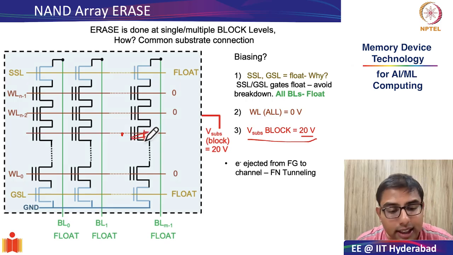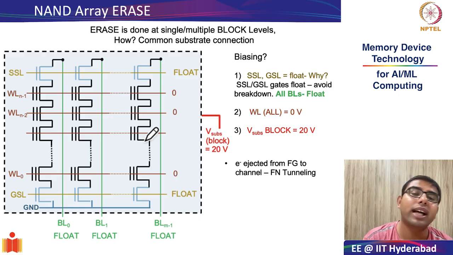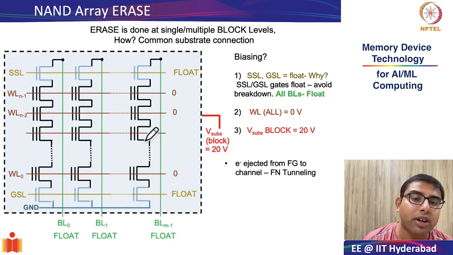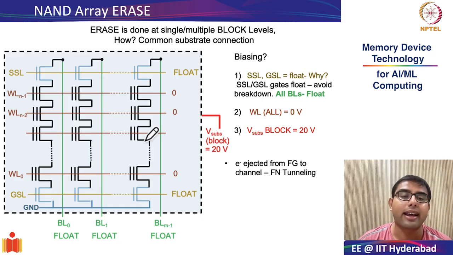Okay, and the charge transport mechanism, as we saw in the previous slide, of this ejection from floating gate to the channel is Fowler-Nordheim tunneling, the tunneling through the rectangular barrier.